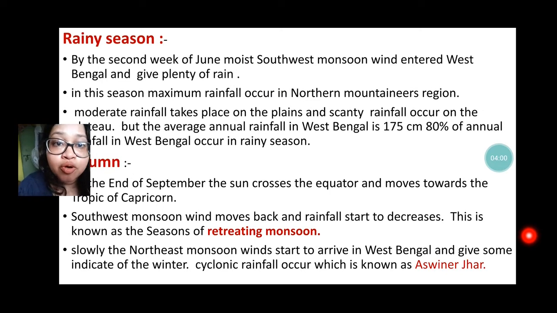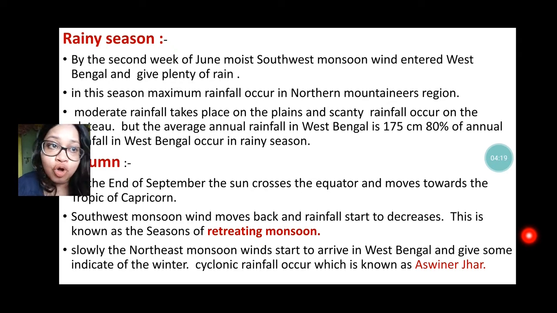Next we will discuss the rainy season. You know that this season starts from the second week of June, and the moist southwest monsoon wind enters West Bengal and gives rain.